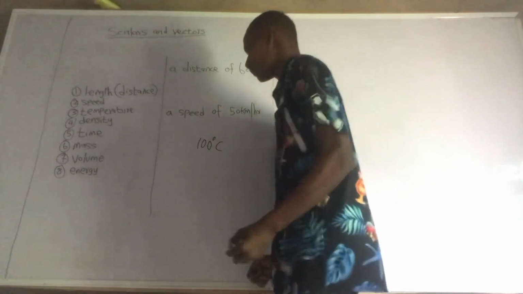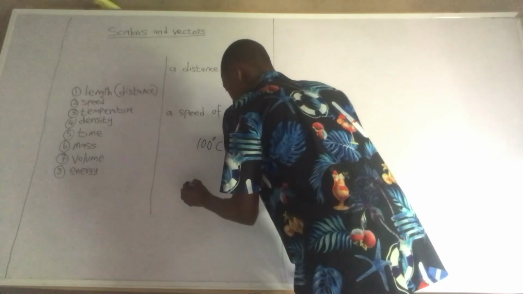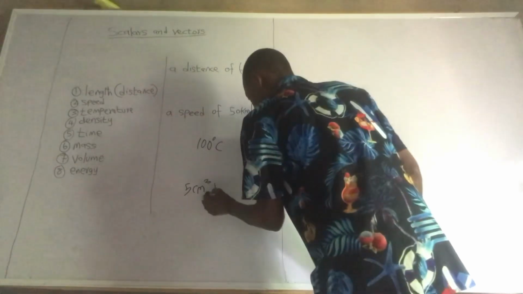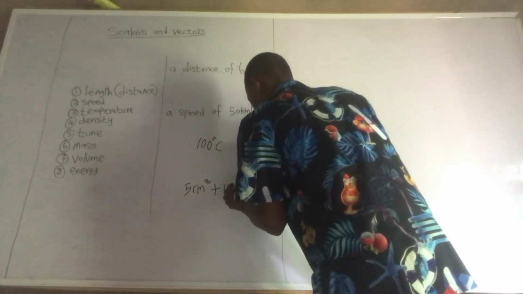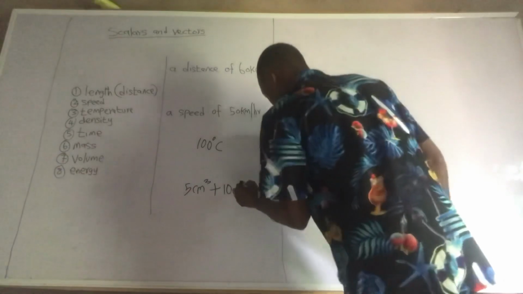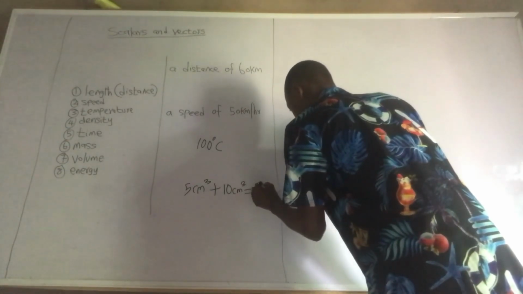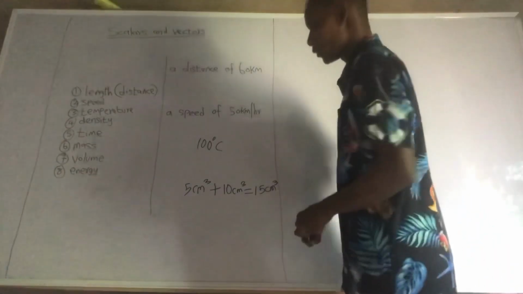So if you say addition of volume 5 centimeter cube and 10 centimeter cube, what will it give you? You agree with me that it will give you what? 15 centimeter cube. So this way I will say what?